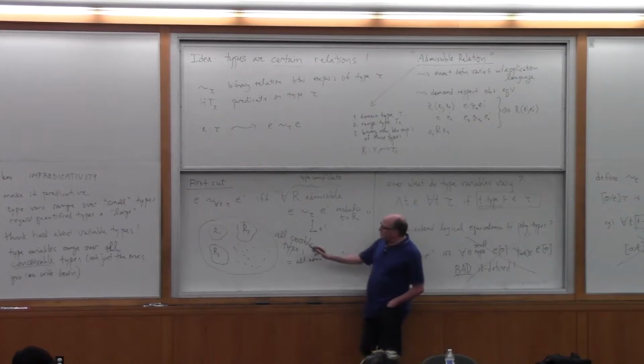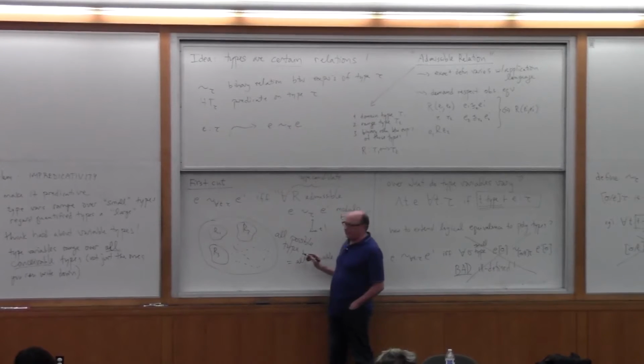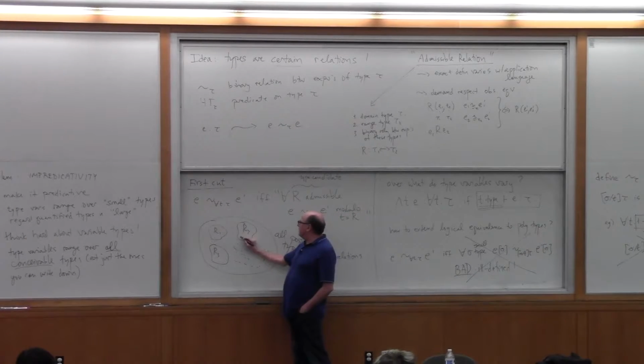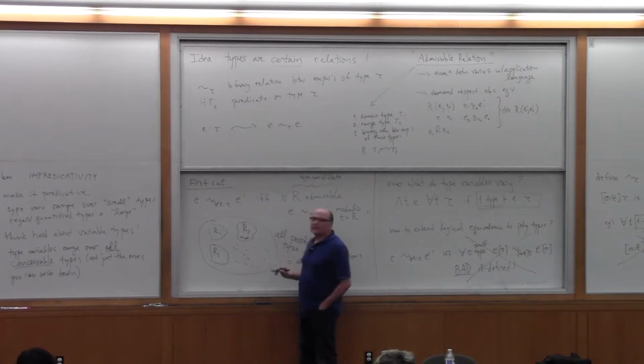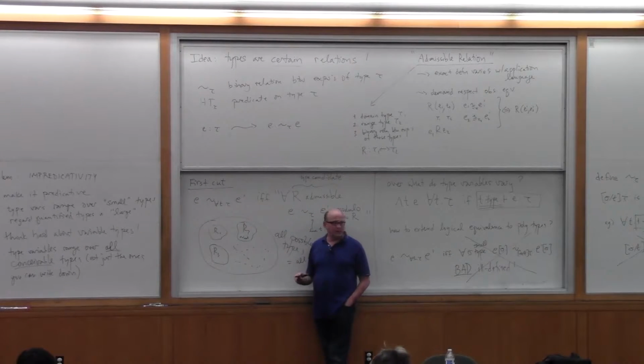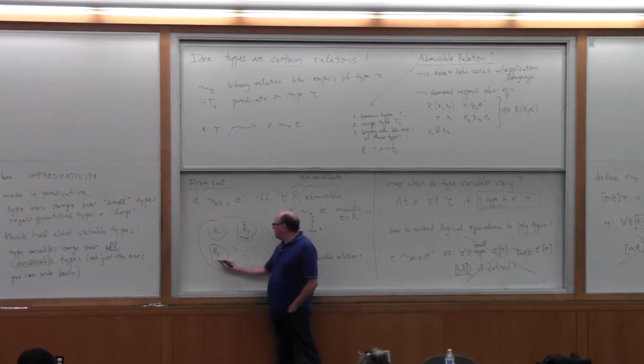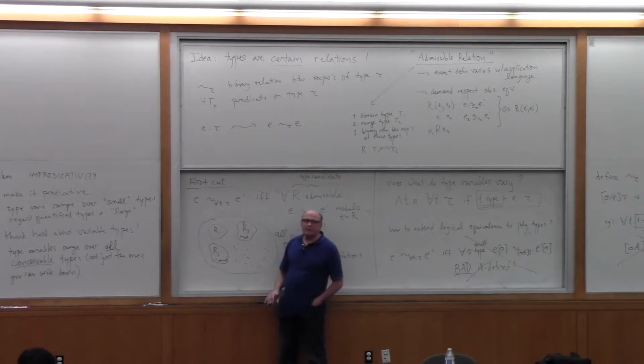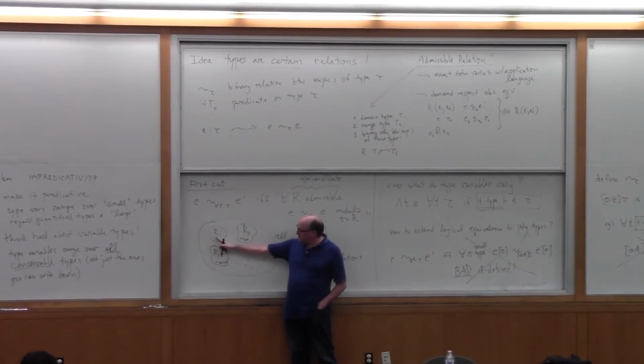So I've got this big soup here. That's all possible types. Amongst all the possible types are things like twiddle nat. That's in there. And maybe here is twiddle nat arrow nat. But maybe here is something that nobody ever heard of. In other words, you've never written it down syntactically. Not only that, you can't, because these relate things of the same type, but these relations in general relate things of different type.